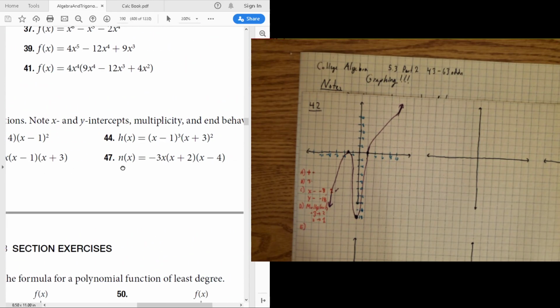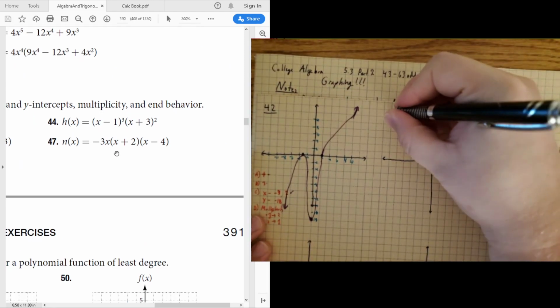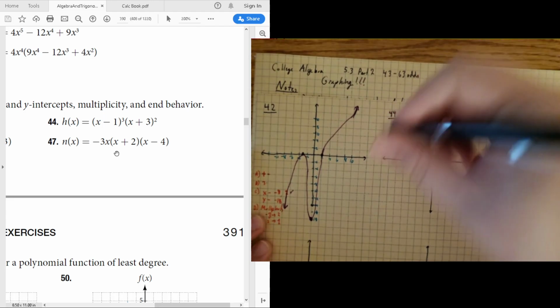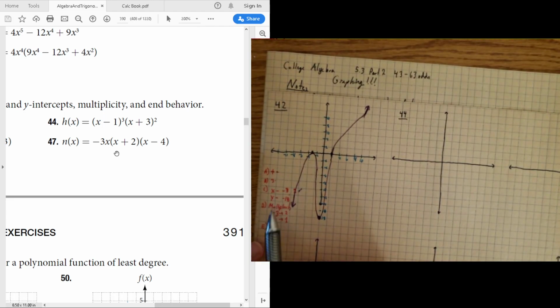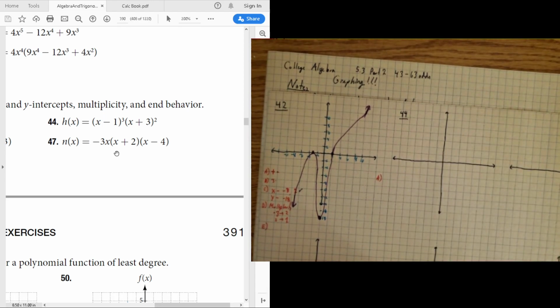So let's look now at 44 and go through the same process. Like I said, you can do these steps in pretty much any order. Eventually you're going to find them all. Just make sure you do find them because it does help to graph them, as you saw just a moment ago. Let's start with the first piece. A. I want to determine if this is positive or negative.